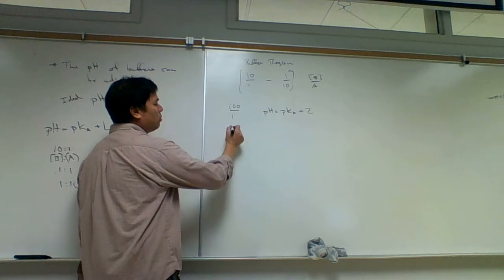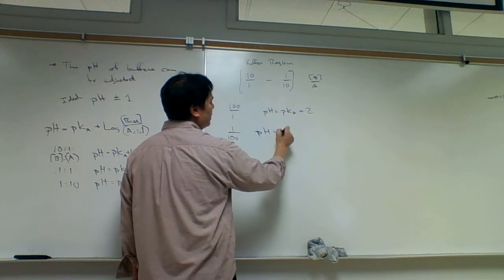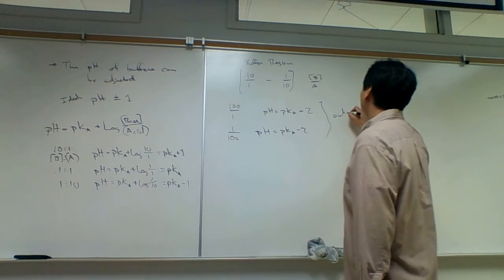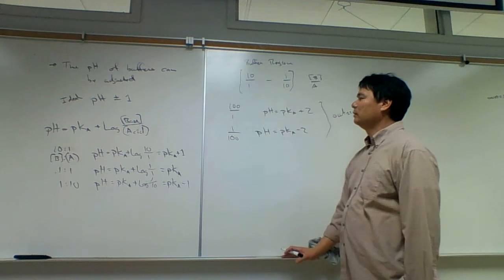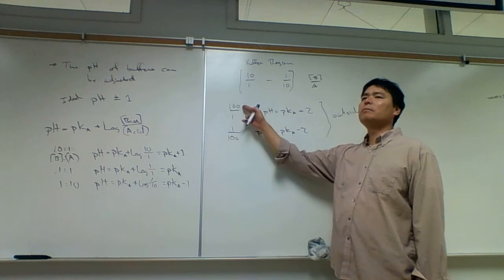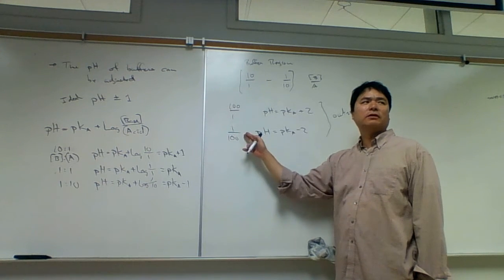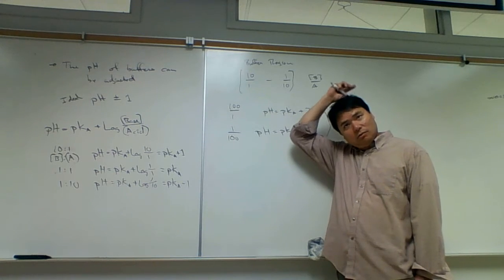That's fine. Or if we go outside 1 to 100, the pH is equal to the pKa minus 2. And so this would be outside. And the reason it's outside is because it's a lopsided buffer. We have a huge amount of one component, but very little of the other component. And so it's not a very versatile buffer. Well, it'd still work, but what would happen is you'd overwhelm one of those.